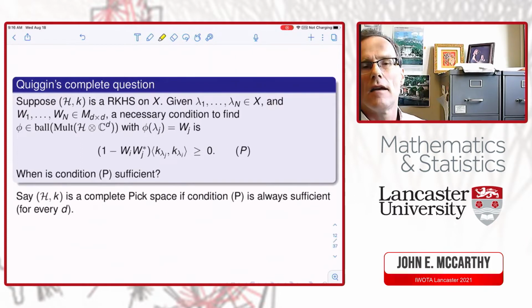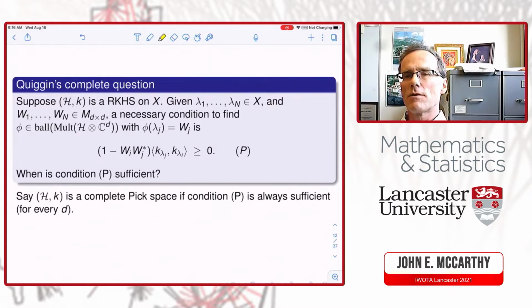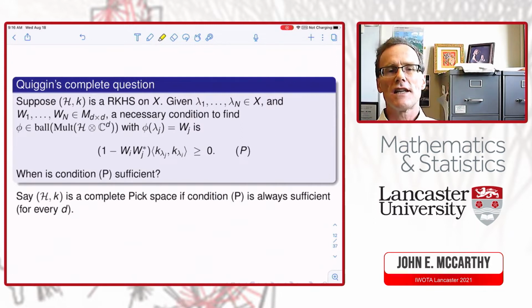And then exactly the same argument as before, just done with matrices instead of with scalars, tells you that if you can find such a phi, then 1 minus multiplication by phi times multiplication by phi star has to be positive semi-definite on the entire space.